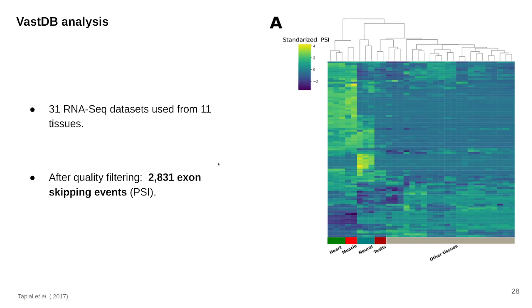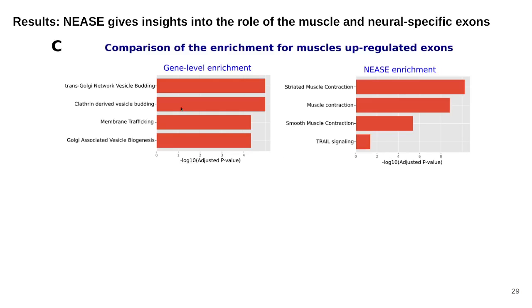So we wanted to check if we would find any interesting enrichment of these two sets. First we ran gene level enrichment: you go back to the genes and do a Fisher test at the gene level to see which pathways you get.